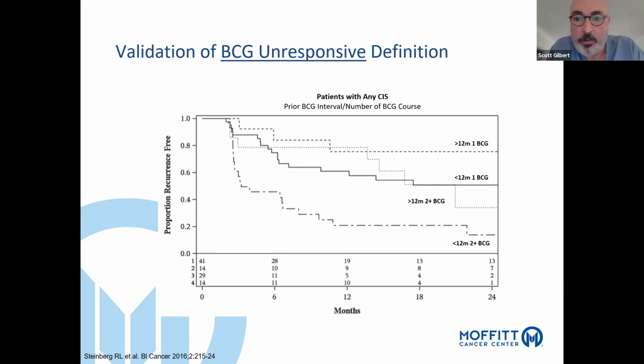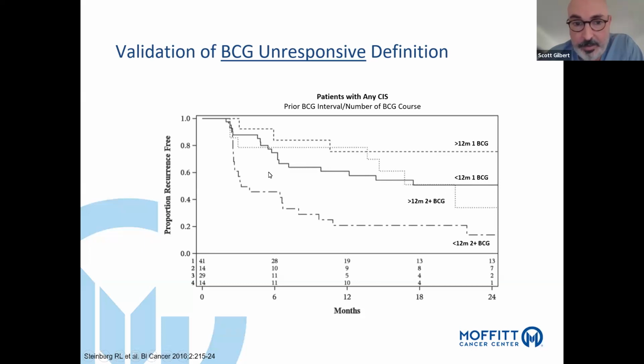So if you've only received 1 induction course of BCG and it was greater than a year ago, it's worth trying BCG again because you have a high probability of responding in this top curve. If it's been less than a year and you've only received 1 induction course of BCG, it's not unreasonable to try a second induction, but you can see your response probability is much lower.